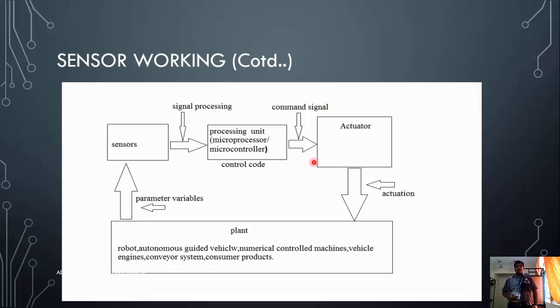After controlling the required inputs according to the microcontroller, the command signal will be sent to the actuator, which is actuated by the command signal, and this actuator sends the output signal to the object. This is the total flow; the sensor will work based on this basic principle.